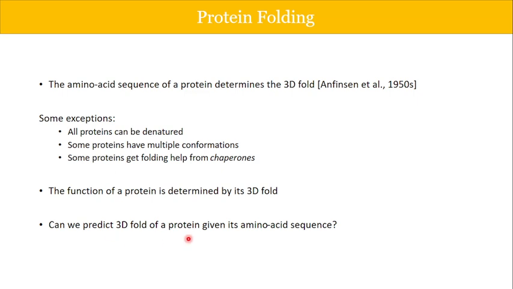So can we predict the 3D fold of a protein when the amino acid sequence is known to us? If we know the amino acid sequence, and if we know what sort of interactions can occur between the amino acids, and what type of amino acids are present, the basic information about the primary structure of the protein can actually help you in building up the 3D structure of your protein.